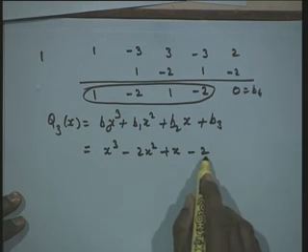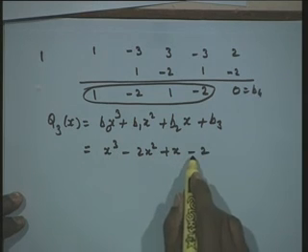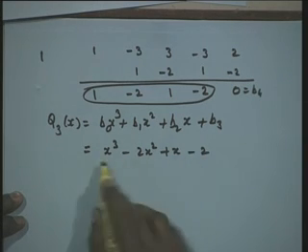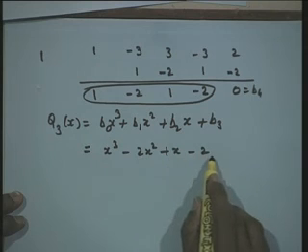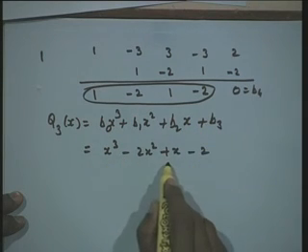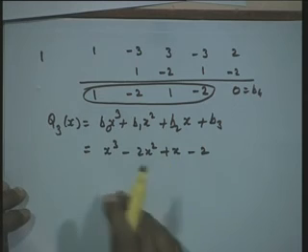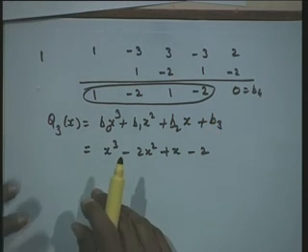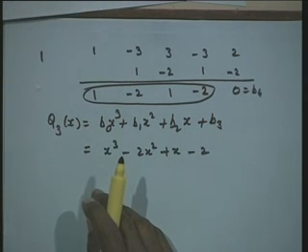Therefore, we have now obtained the next lower factor, that is x cubed minus 2 x square plus x minus 2. Now, if I want the next root, I will apply the Newton-Raphson method on this deflated polynomial. So, in the synthetic division procedure, your deflated polynomial is automatically available in the first step itself.